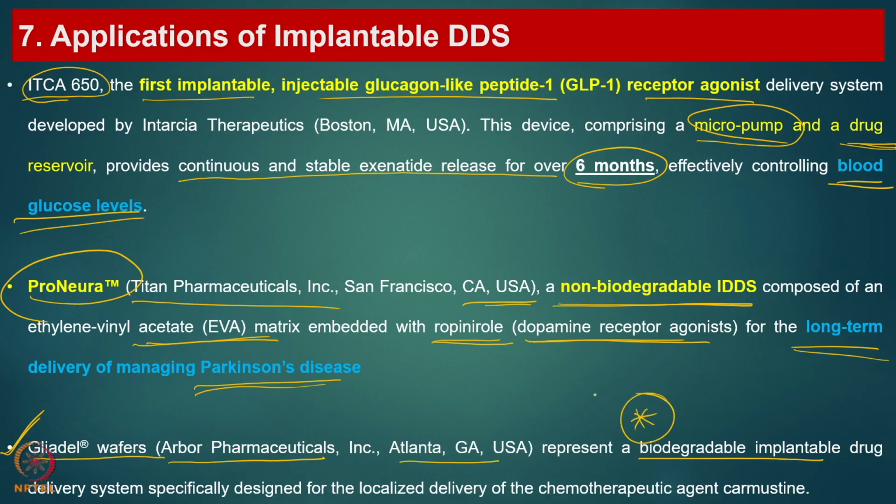Once the entire drug is released, these wafers or implants degrade automatically after the treatment, so you have no need to remove them, whereas in the non-biodegradable case we need to remove the device. These deliver an anti-cancer drug. Remember this drug, carmustine, which is used for the treatment of brain cancer, or you can write brain tumor.